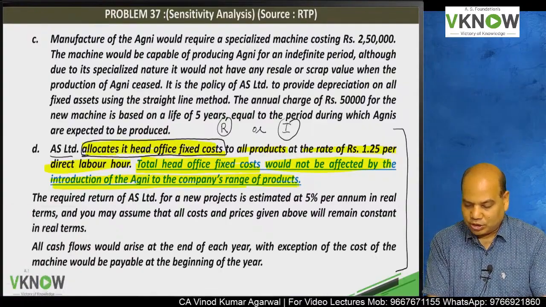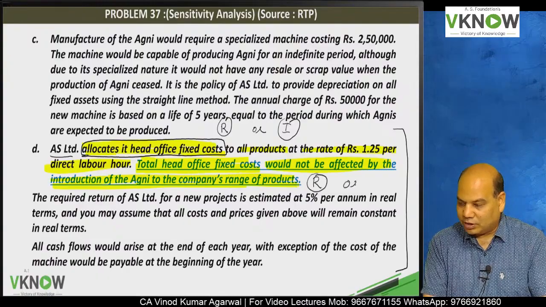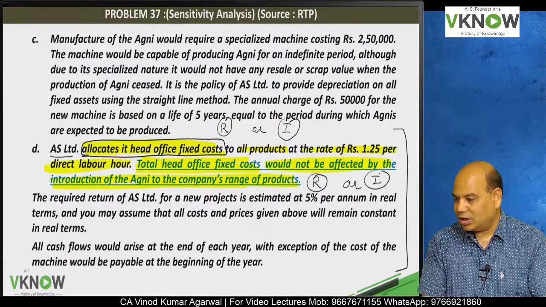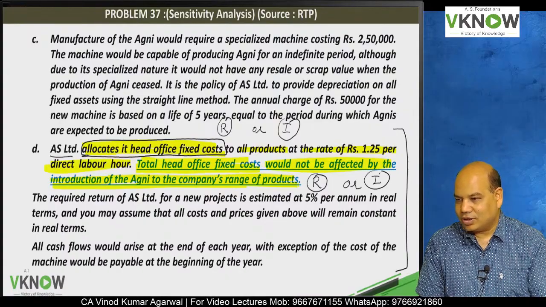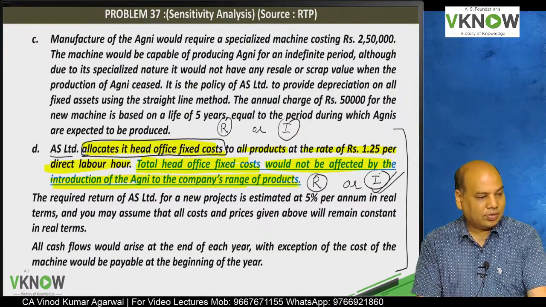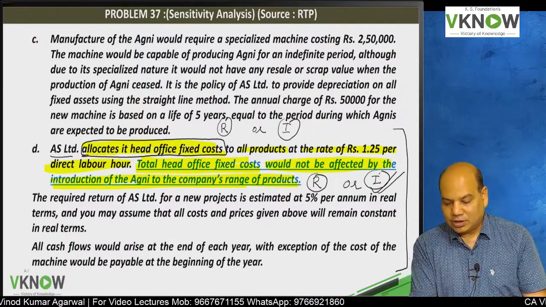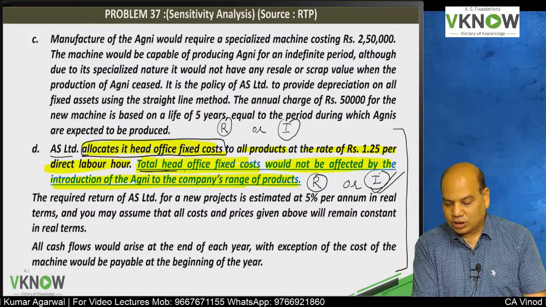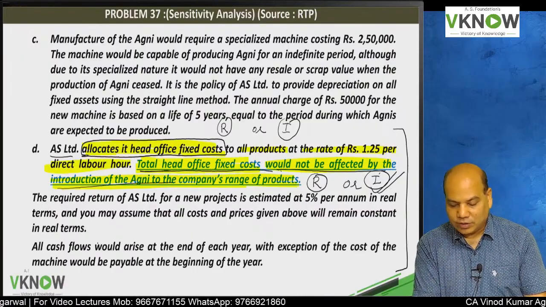Same old boring question. Is head office cost relevant or irrelevant? The answer is irrelevant. Very good answer, because the line very clearly says head office total cost would not be affected by the introduction of Agni.